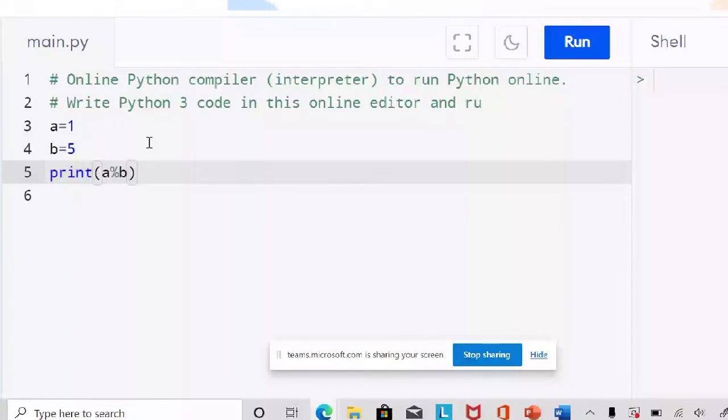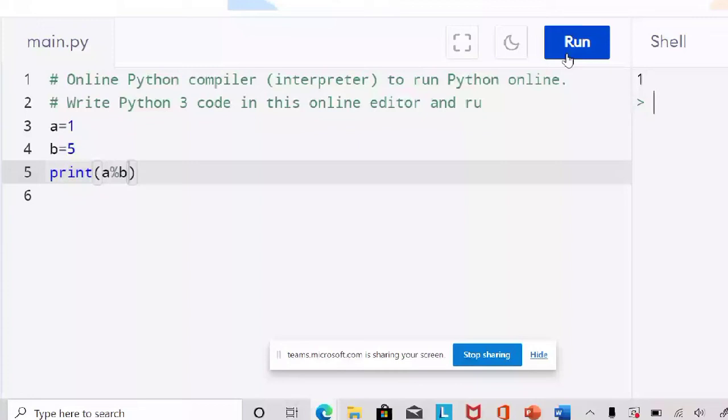Because B cannot divide A when A is smaller than B, the answer is always A only. So remember, in A mod B, if A is less than B, the answer is A only. So in 1 mod 5, obviously 5 cannot divide 1, the remainder will be 1 only, right? Yes sir.